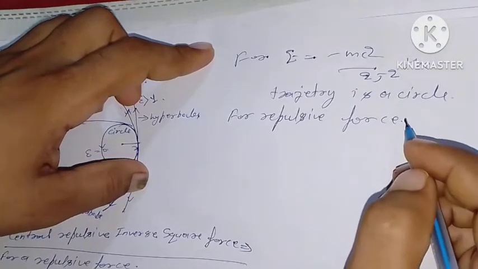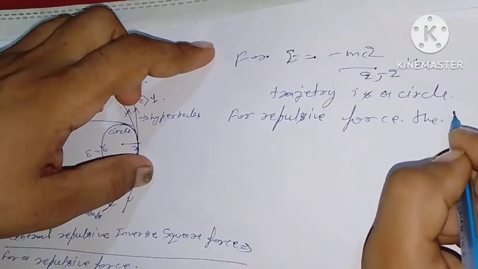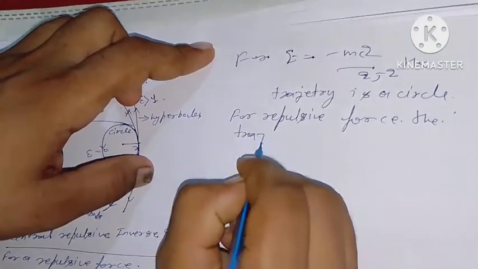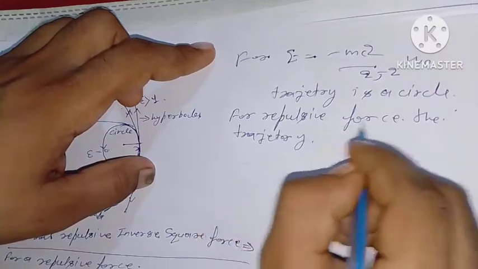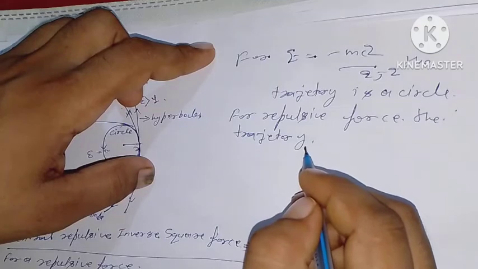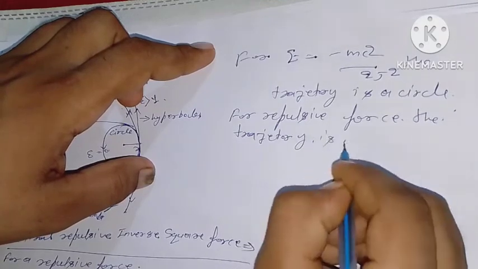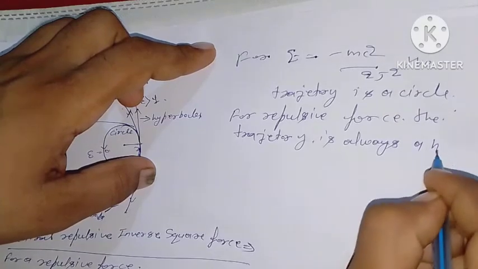For a repulsive force, the trajectory is always a hyperbola.